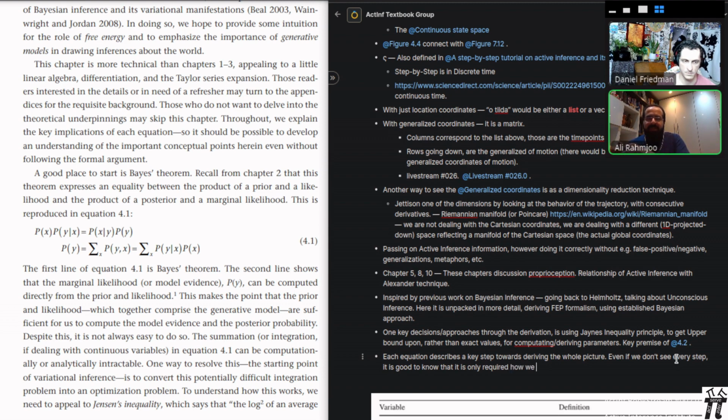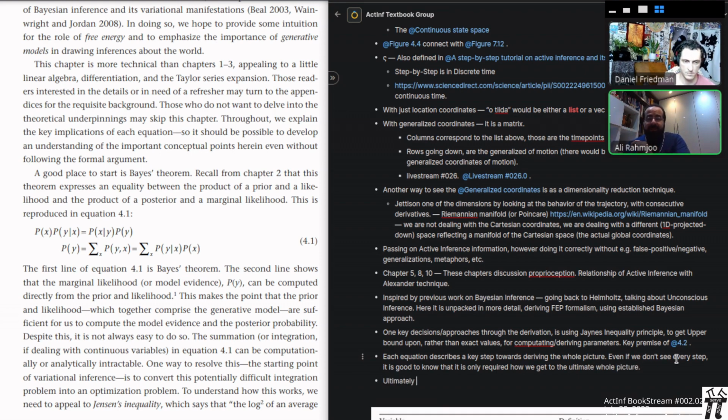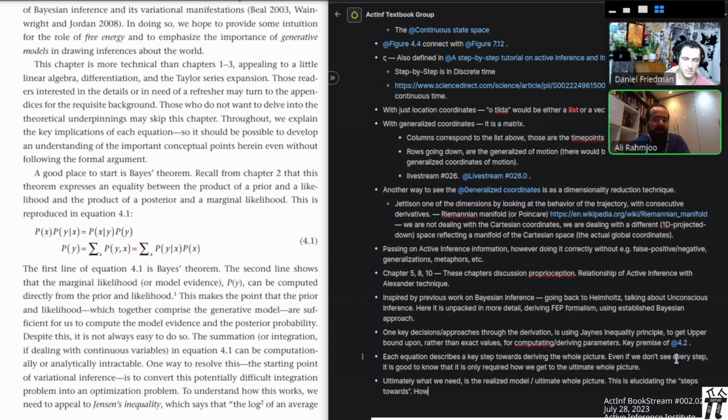Ultimately, what we need in order to develop active inference models is the ultimate equation. So this is just a way to elucidate the steps toward developing that whole picture. But again, it's not an essential requirement to understand the materials of the rest of the book.